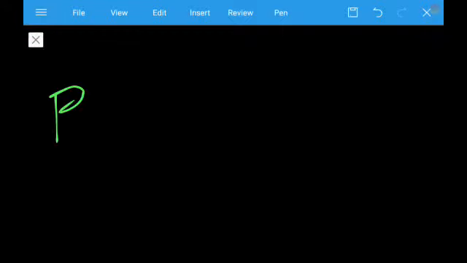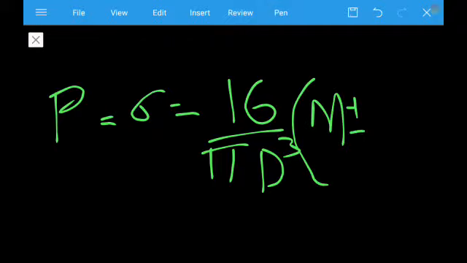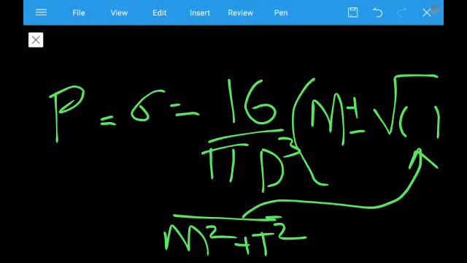The principal stress, which was represented by sigma, will be 16 upon pi d cube times M plus minus under root of M square plus T square. Okay, this will be placed here.